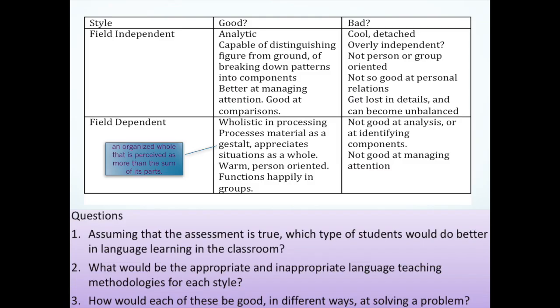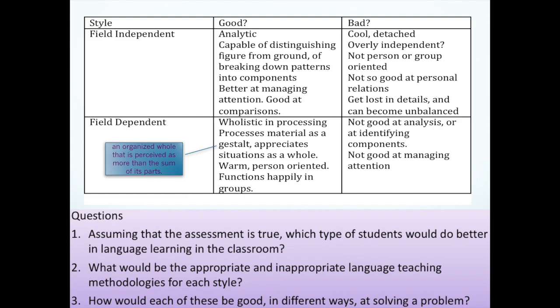Now, in slide 26, there is a table that shows some of the characteristics of field-independent versus field-dependent learners, and it lists some of the good, positive aspects which could enhance language learning versus the bad ones or the less felicitous ones. So you can see there are a few characteristics which actually would help or facilitate language learning.